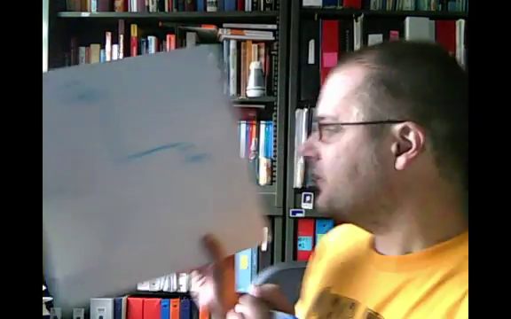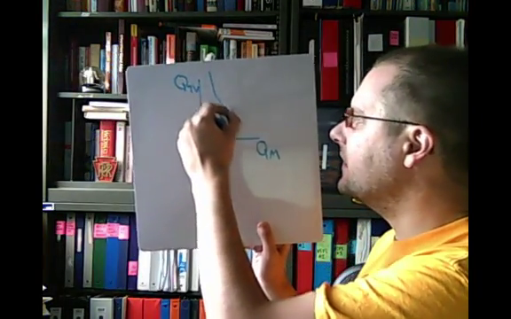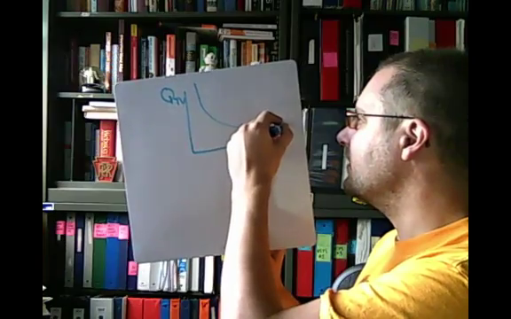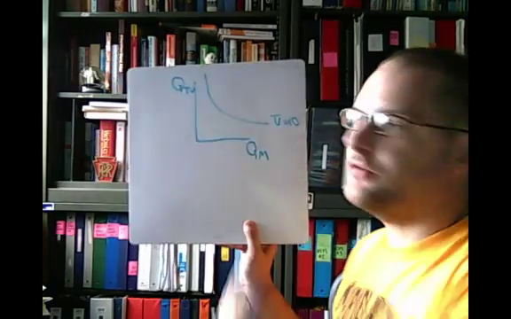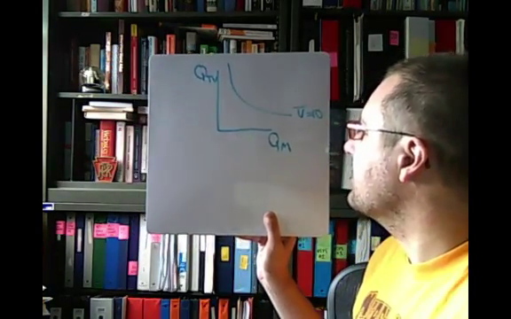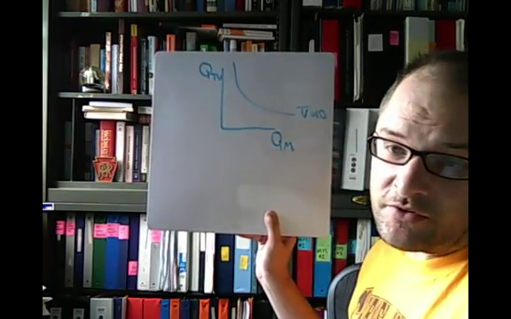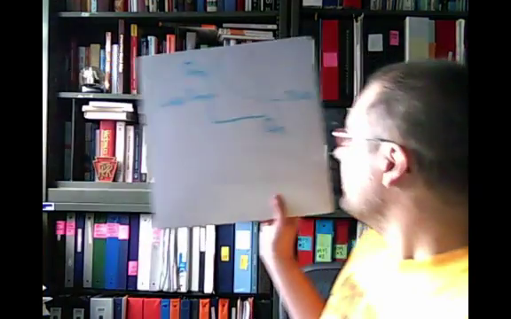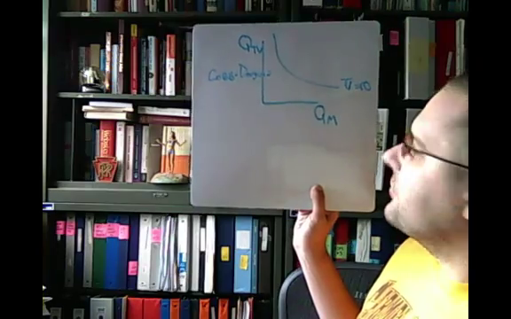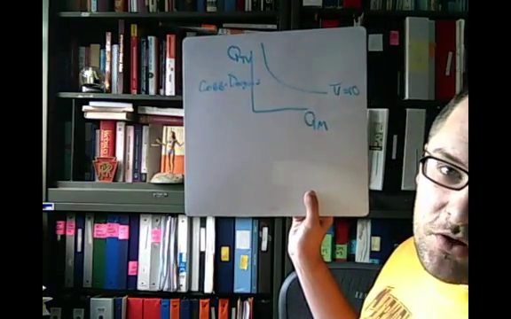In the example that we just had, we had markers and TVs, and I had an indifference curve that looked like that, where the total ordinal utility was constant across the indifference curve. These types of indifference curves have a name, actually. They're called Cobb-Douglas. Cobb-Douglas indifference curves are basically two goods that have no relationship to one another.